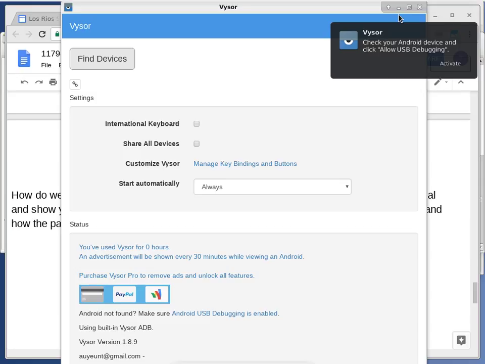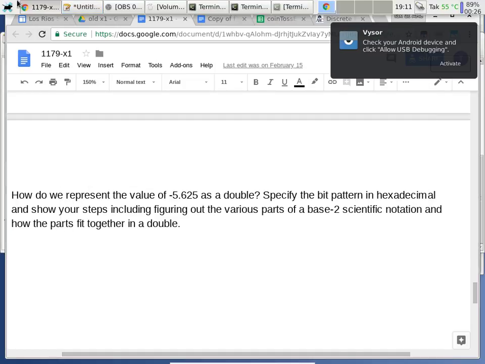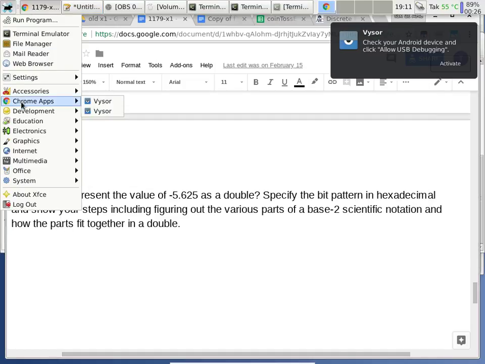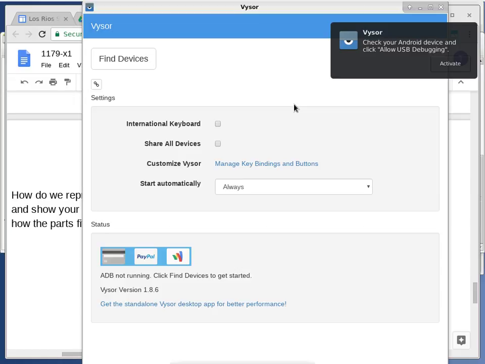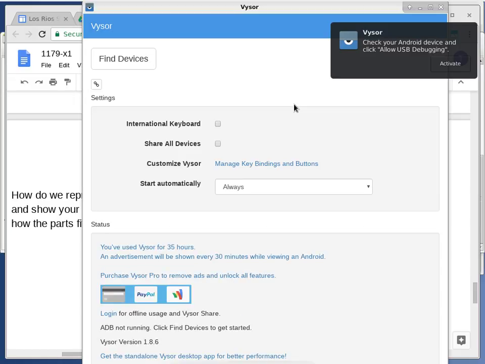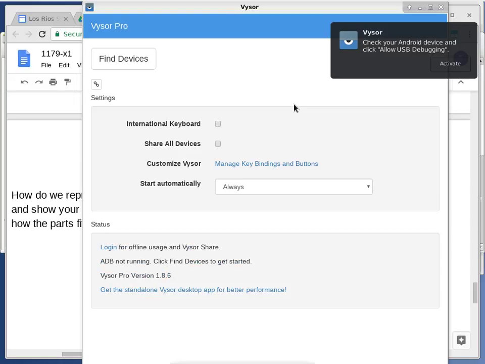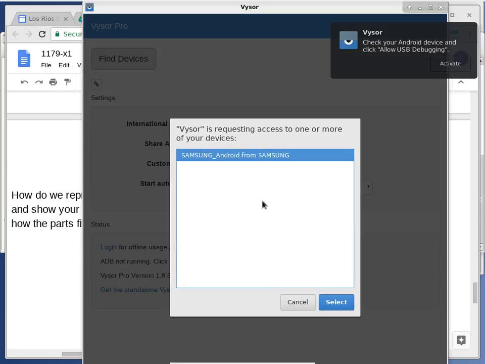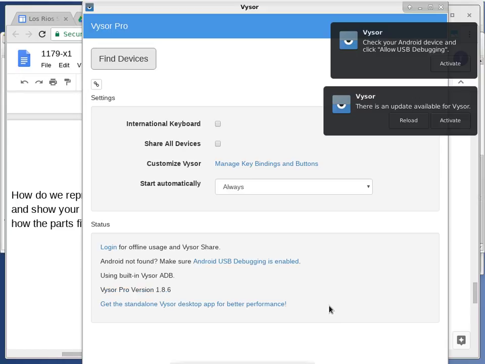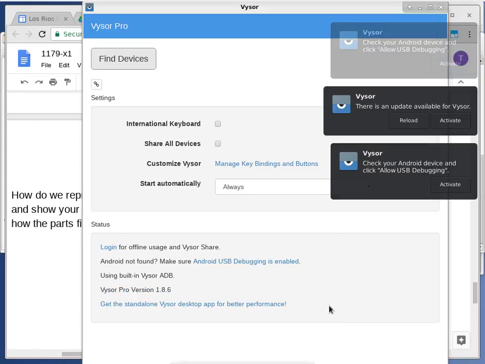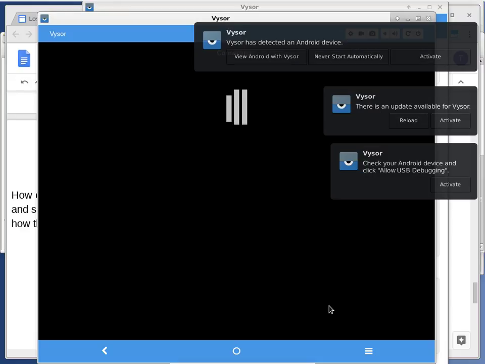Okay, so it may not be this one. This one wants me to pay for the app again. Did I try the first one or the second one? Try that one more time. There we go.